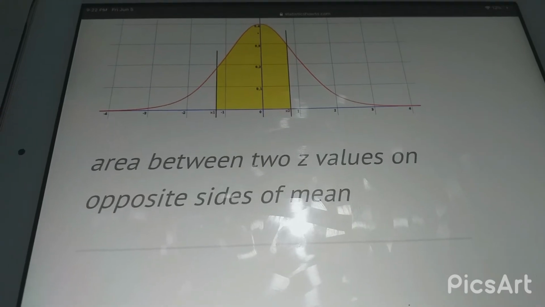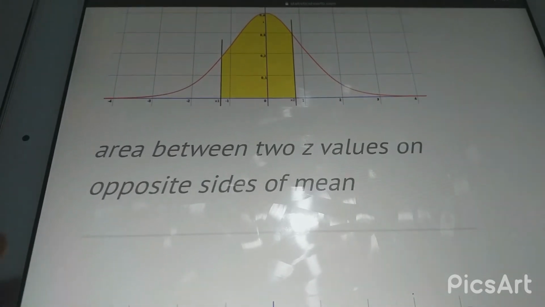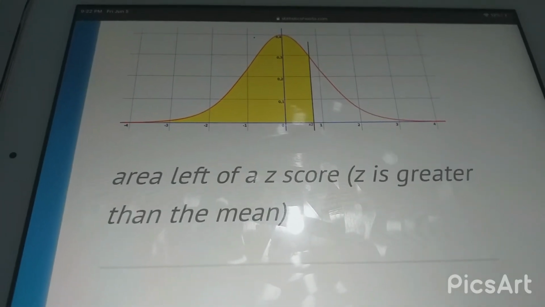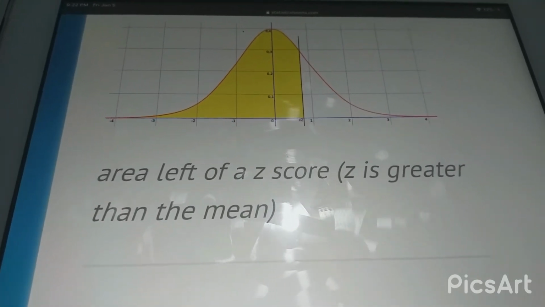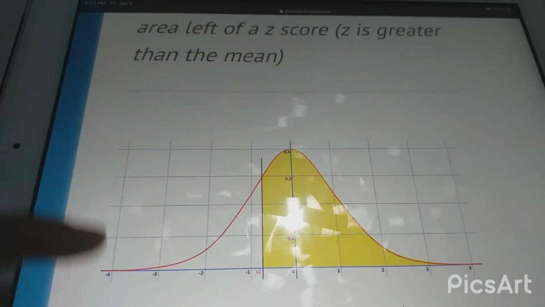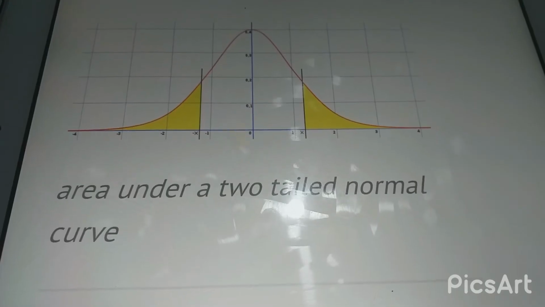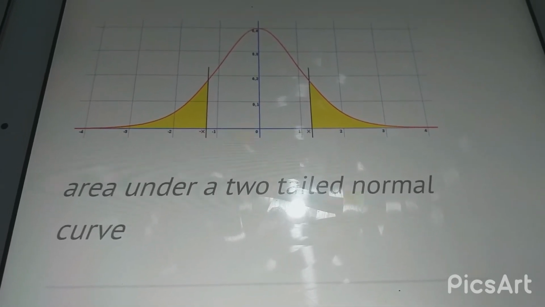Area between two z values on opposite sides of the mean. Area left of a z-score, where z is greater than the mean. And area under a two-tailed normal curve.